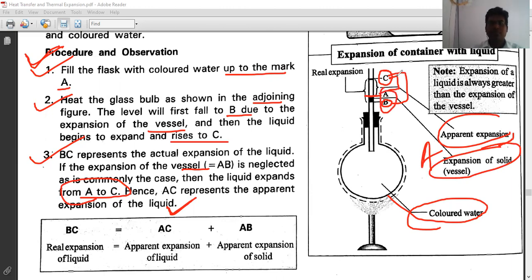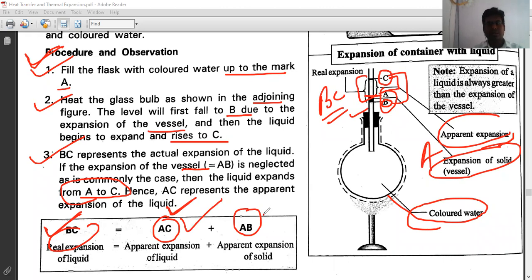So when we consider actual expansion, only BC comes into account. Here I have written that BC is the real expansion, AC is the apparent expansion and AB is the vessel expansion. When we combine these two, AC plus AB, we get the BC value, called real expansion.